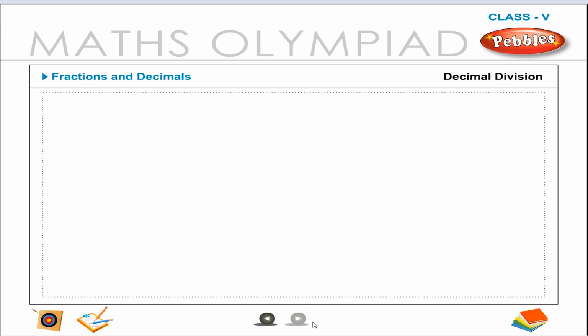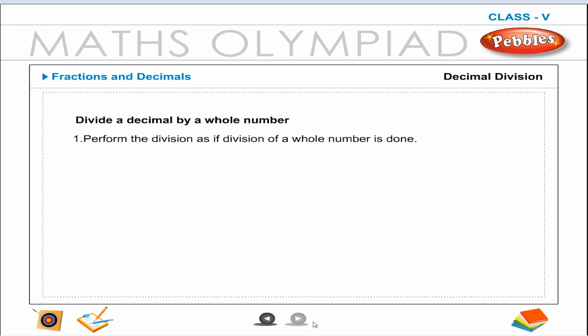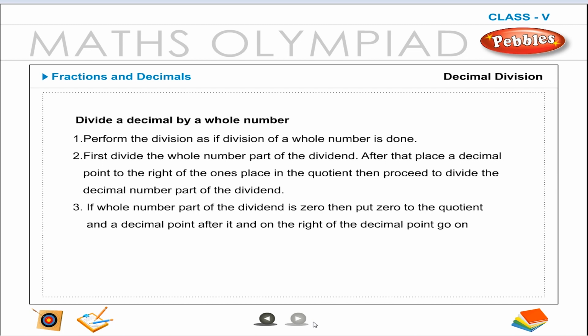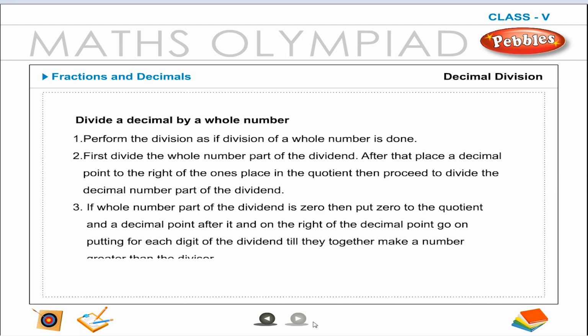Decimal division. Divide a decimal by a whole number. 1. Perform the division as if division of a whole number is done. 2. First, divide the whole number part of the dividend. After that, place a decimal point to the right of the ones place in the quotient.